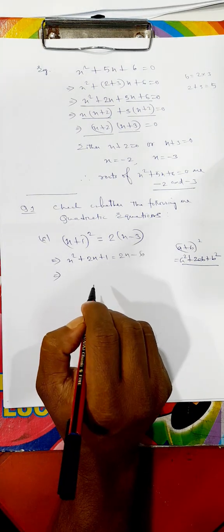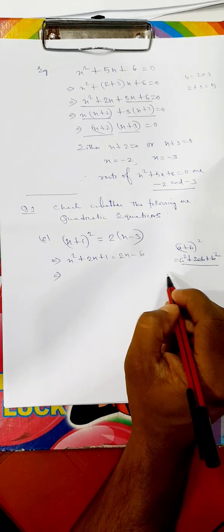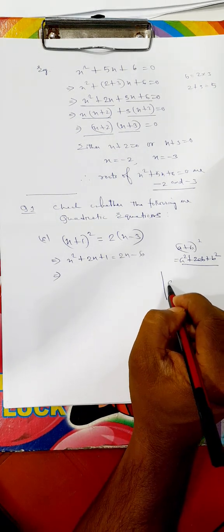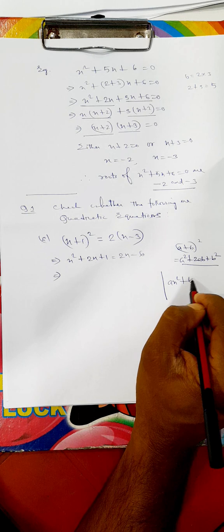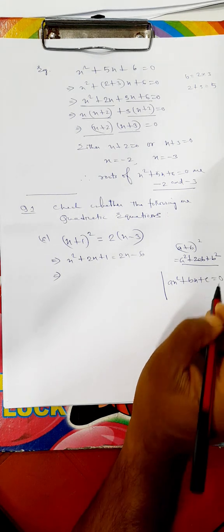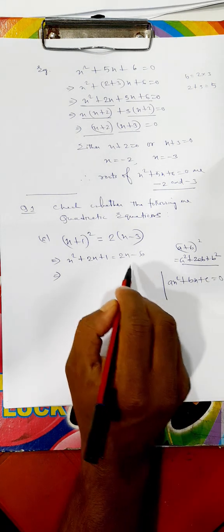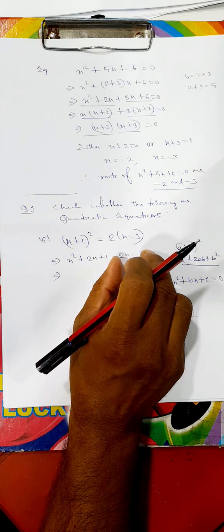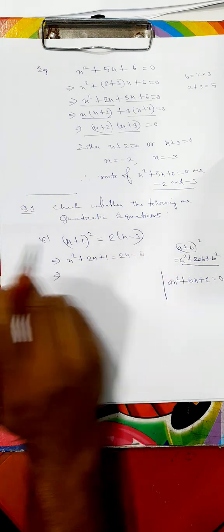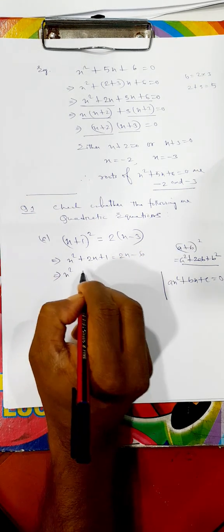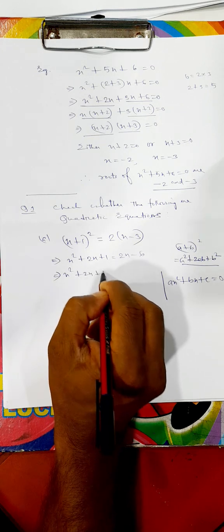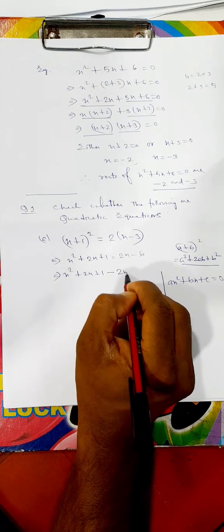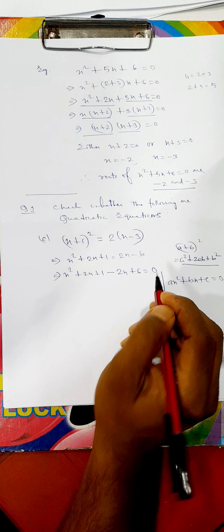Now we try to convert this into quadratic equation standard form, ax square plus bx plus c equal to 0. So let's transpose the terms in the right hand side to the left hand side. x square plus 2x plus 1 minus 2x plus 6 equal to 0.